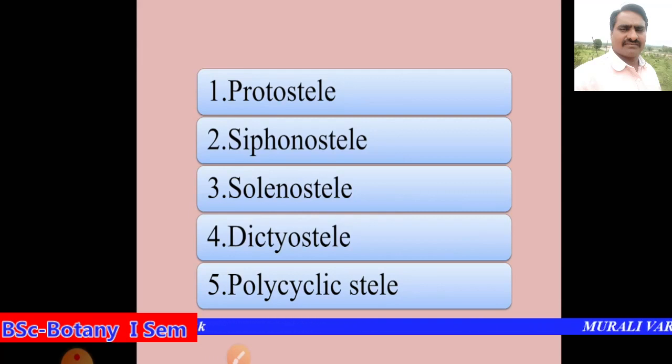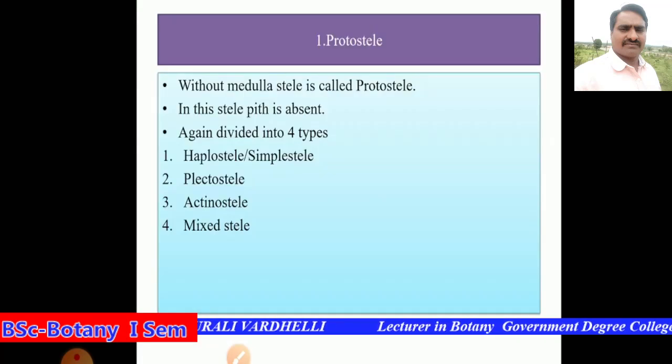Once again, how many types of steles are present in pteridophytes? Five types. Which are they? They are protostele, siphonostele, solenostele, dictyostele, and polycyclic stele, right? In this, first of all, the first type of stele is protostele.